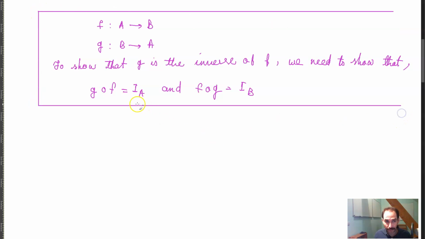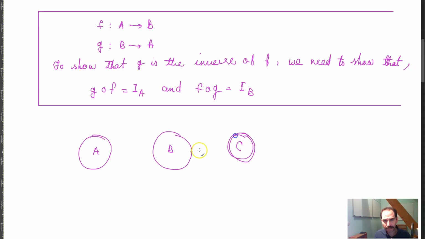Meaning that now over here in this example, it got a little bit more complicated because I had some set A, some set B, and some set C over here. We had some function f and some function g, and of course based on these two functions you will get some function GOF.